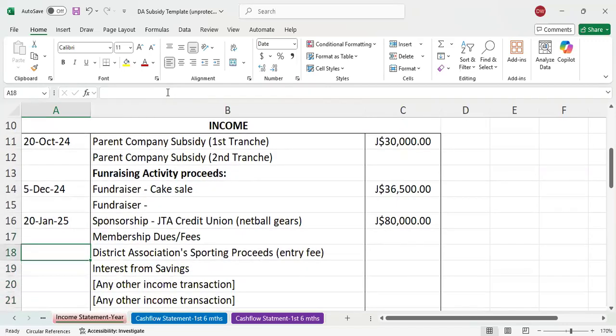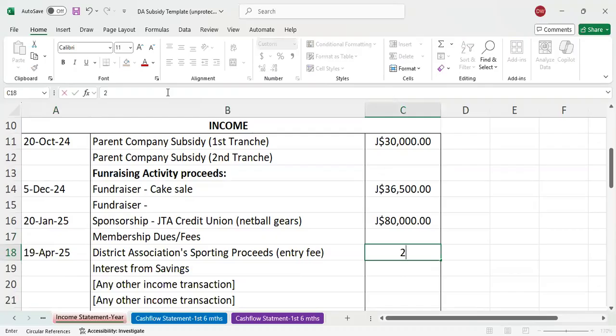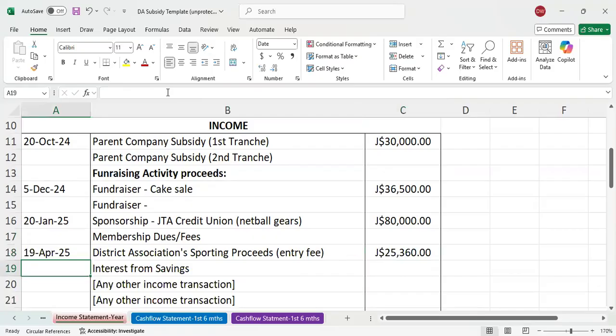However, at the DA Sports, which took place on, say, the 19th of April, you collected the entry fee totaling, say, $25,360. Interest from the savings account, there was none.